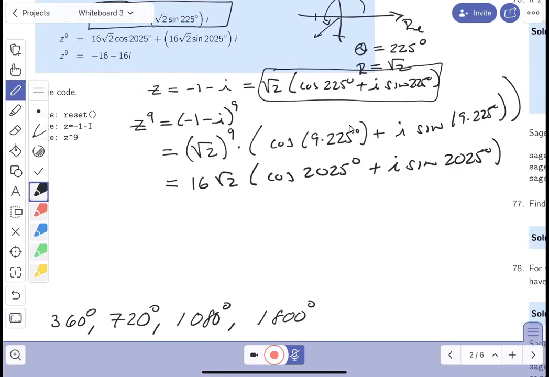I'm getting close though, aren't I? And I don't want to keep going. So I'm going to say, I'd eventually get to 1800. And these are multiples of 360, right? This is one of them, 2 of them, 3 of them, and this would be 5 of them. All right, let me put out what I mean by that.